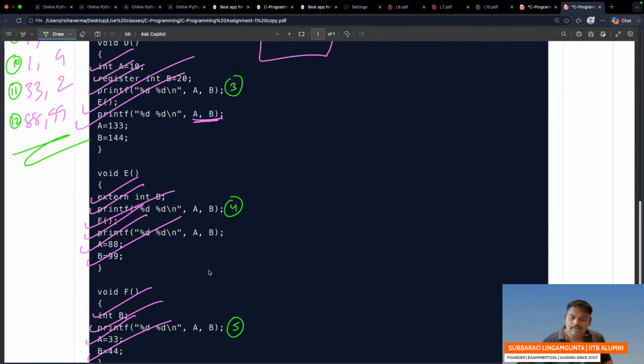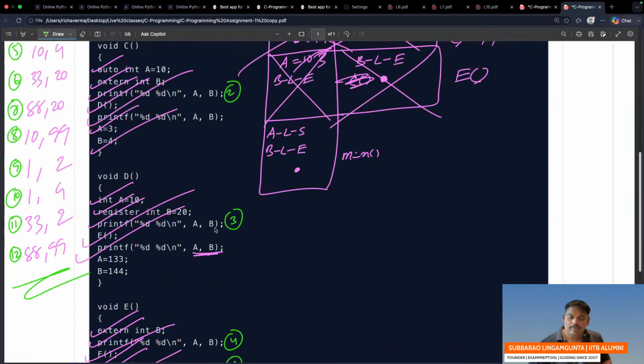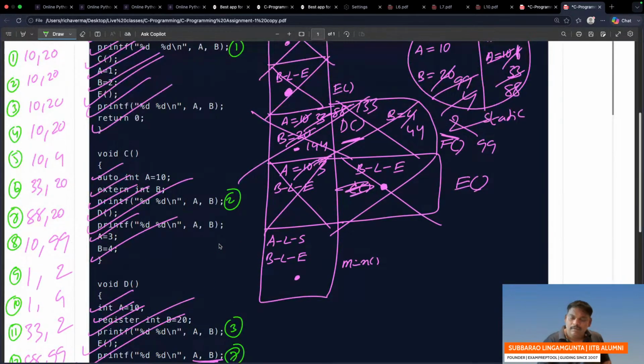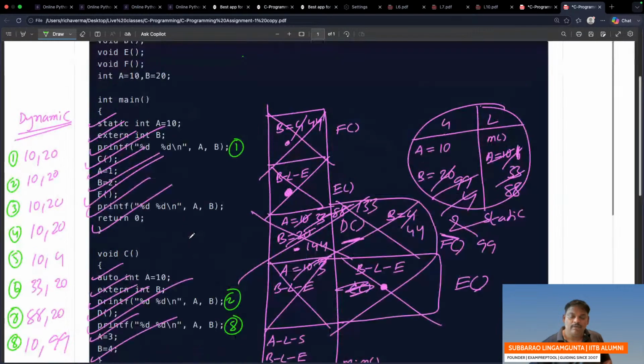Come back. It is the sixth printf. Come back. It is the seventh printf. Come back. Till now 7. So you came back here. It is the 8th printf. This is completed.